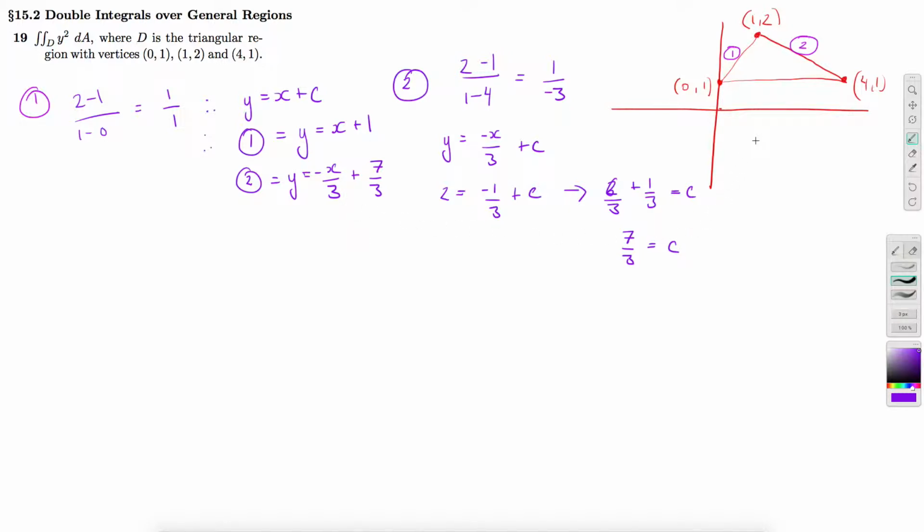And now we have to figure out, do we go that way or that way? So you could say, well, x equals from 0 to 4, and y equals... give me a sec.